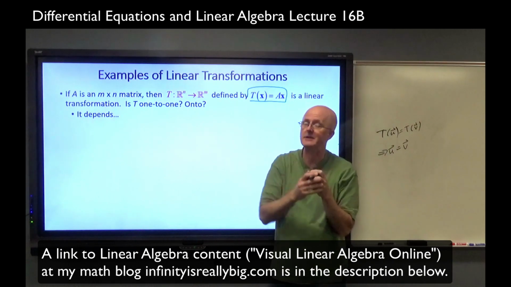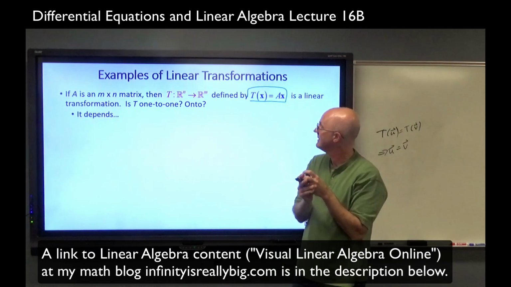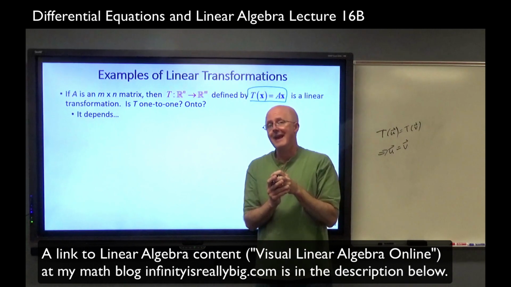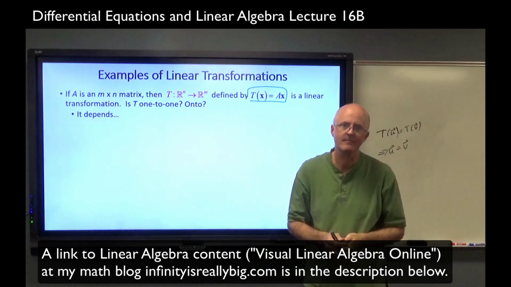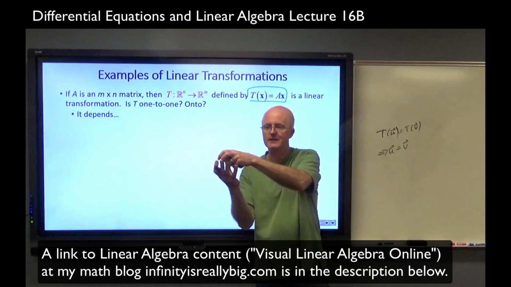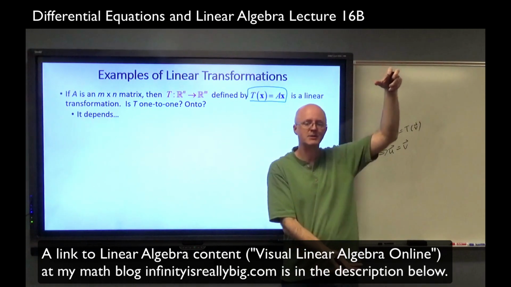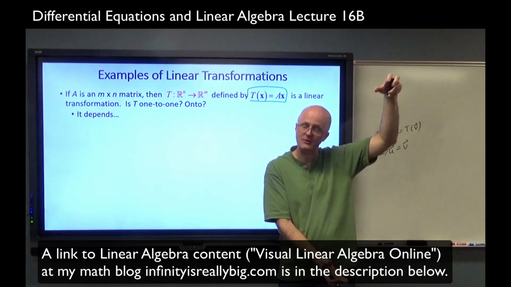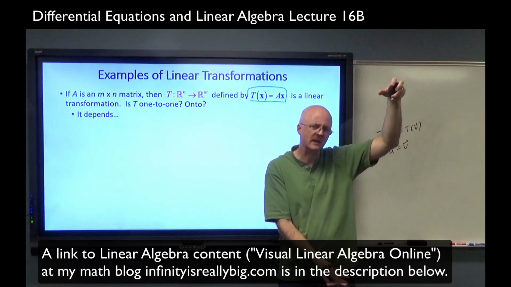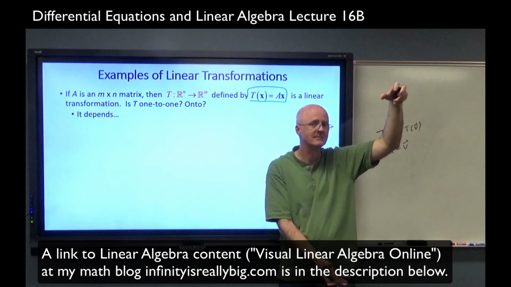Maybe there could be nonlinear transformations that could still be one-to-one. And it's most likely going to be onto, though it's not a guarantee. On the other hand, if you map a low dimensional space to a high dimensional space, it's guaranteed to not be onto, but most likely it'll be one-to-one, though it doesn't have to be.